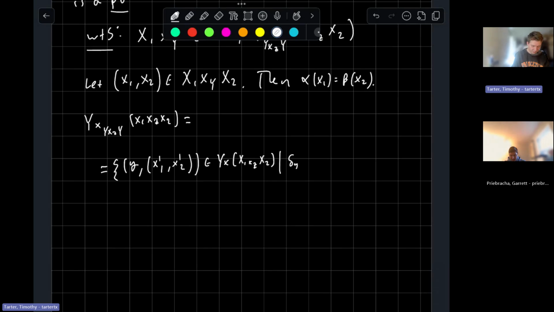So delta y of y is equal to sigma of x1 fibered product through z, x2.